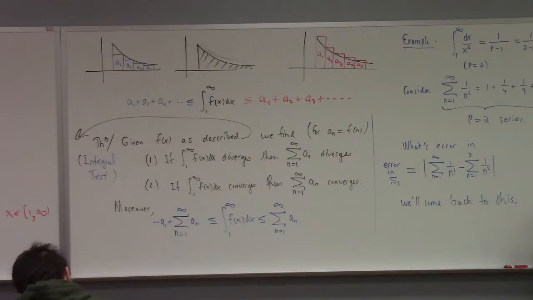The p equals 2 series, the sum from n equals 1 to infinity of 1 over n squared, converges. Whereas the sum from n equals 1 to infinity of 1 over the square root of n, aka the p equals 1/2 series, which of course is less than 1, diverges.